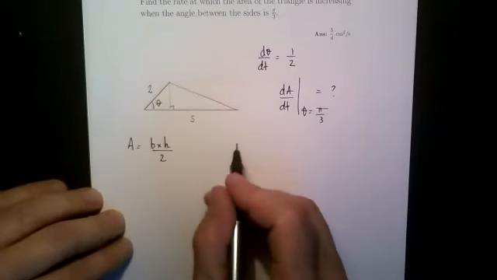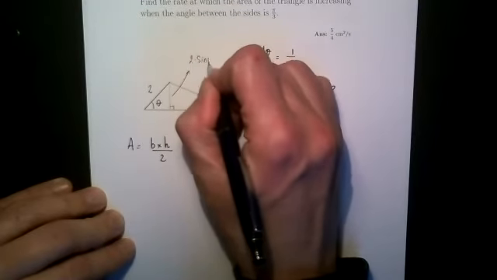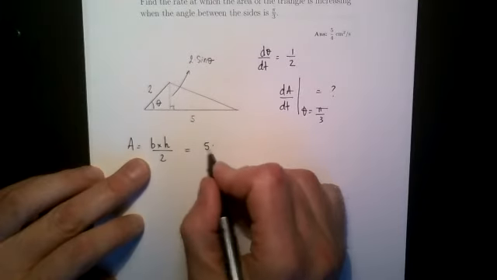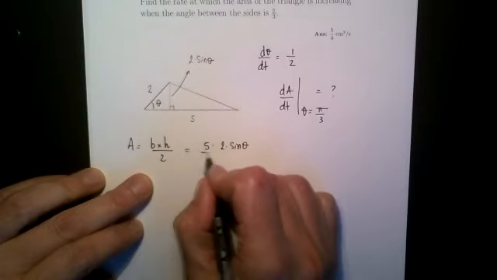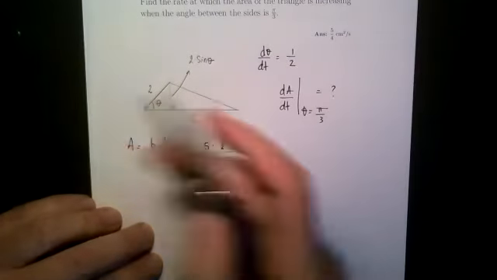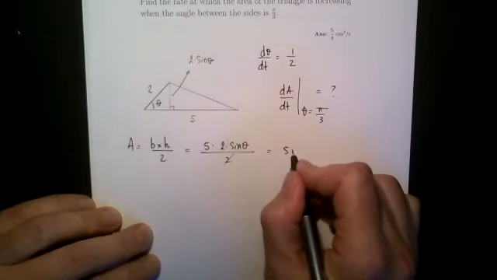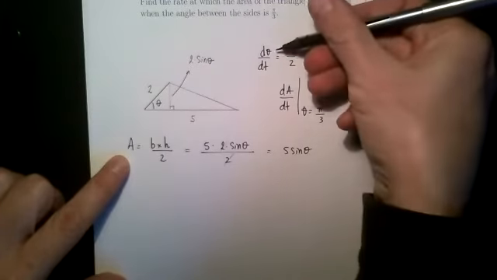Very good. So the height will be 2 times the sine of theta, right? And so the area is equal to 5 times base times height, which is 2 sine theta, and then over 2. And so the area is equal to 5 times sine theta.